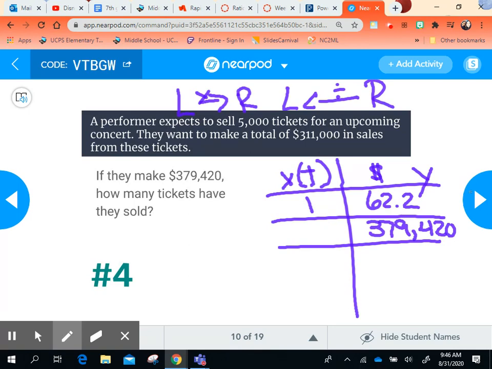So Jesus says 6,000 100 tickets cost $379,420. Remember, you're going from money to tickets, so we're dividing, we're not multiplying.